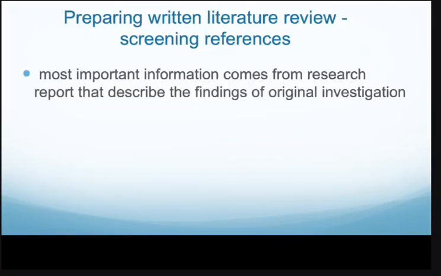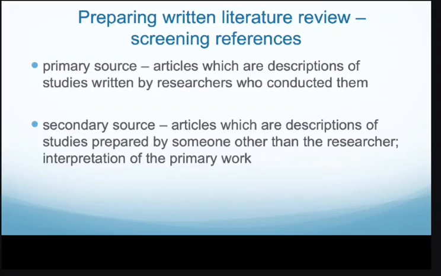Most important information comes from research reports that describe the original research. Those are known as primary sources. Primary sources are articles that are written by the researchers that conducted the research. Secondary sources are descriptions of the studies prepared by someone else. This is problematic because it can be subject to interpretation.